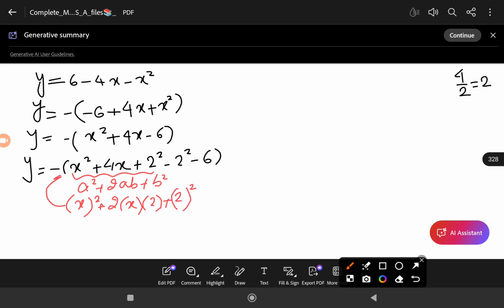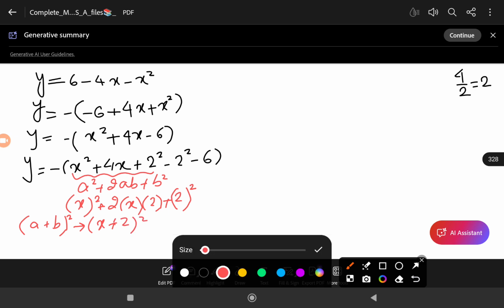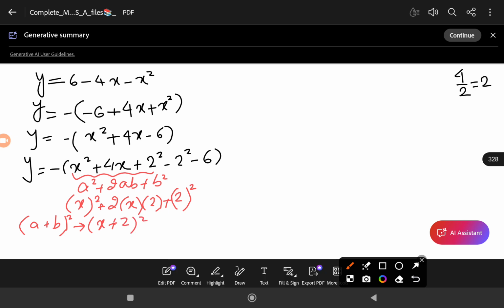You can see that these three terms can be written as a plus b whole square. So a is x and b is 2 here, so we can write x plus 2 whole square. So the equation looks like y equals negative bracket x plus 2 whole square.